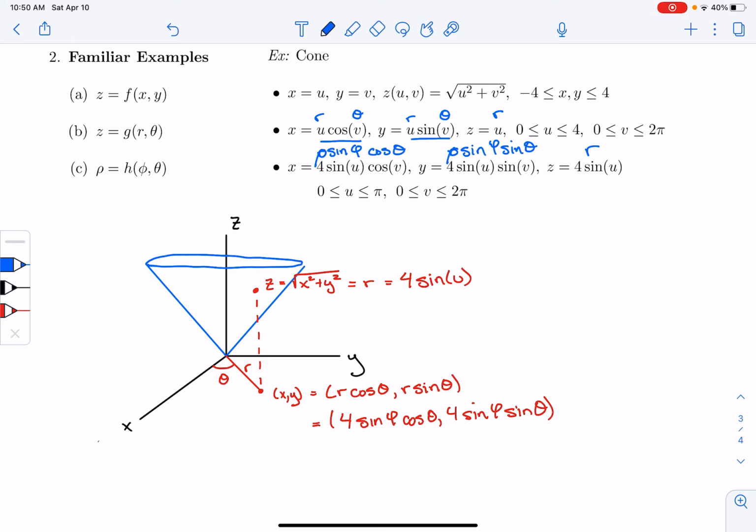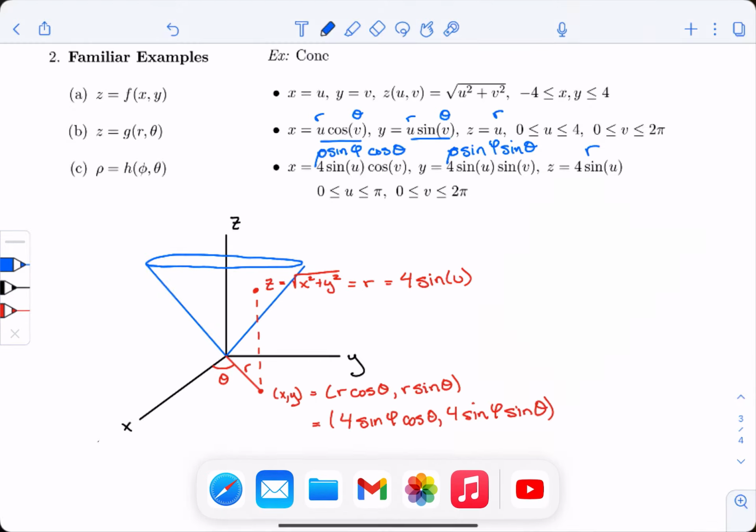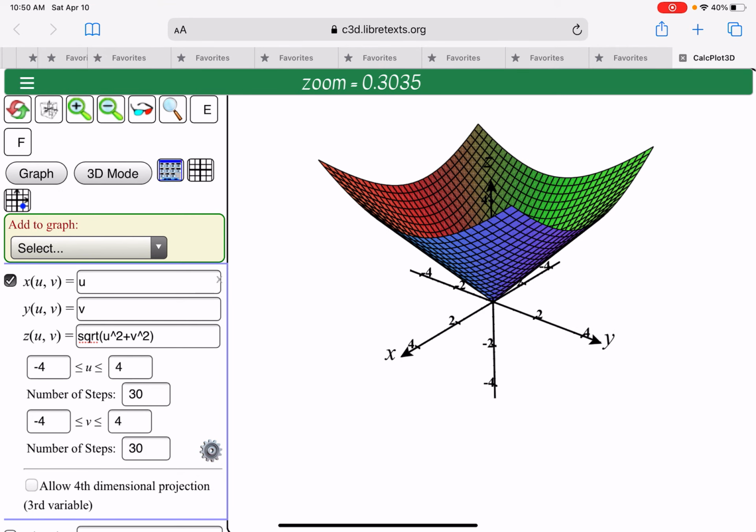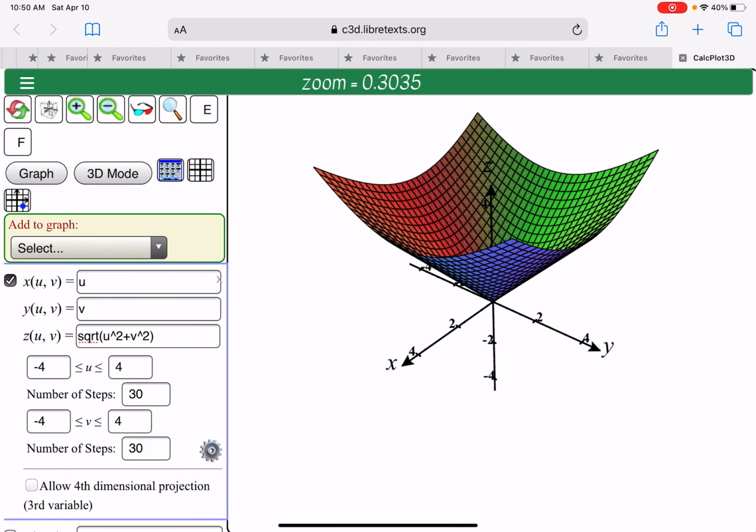So I'd like to show you how these plots look in CalcPlot 3D. So this first plot is going to be just x equals u, y equals v, and then z is the square root of u squared plus v squared. Now we're letting u and v be between -4 and 4. So we're expressing this cone on a rectangular domain.